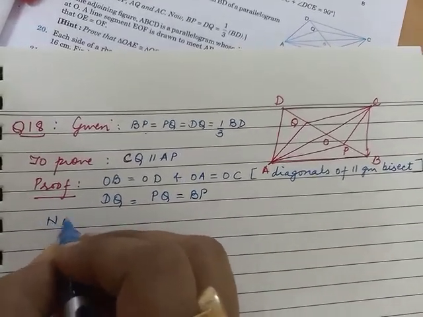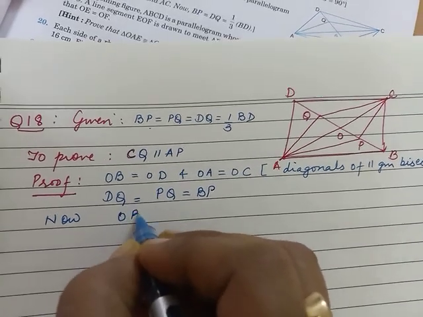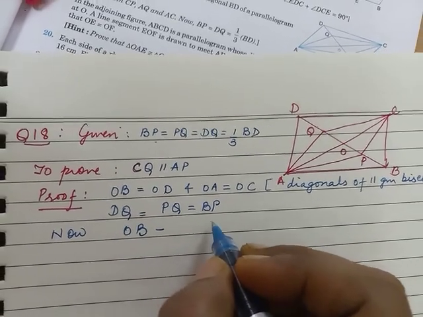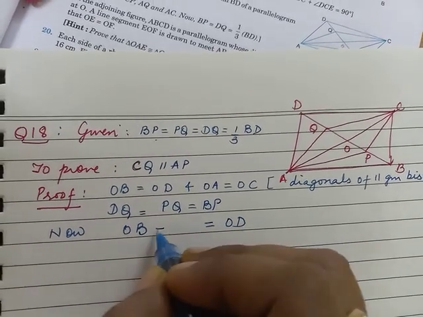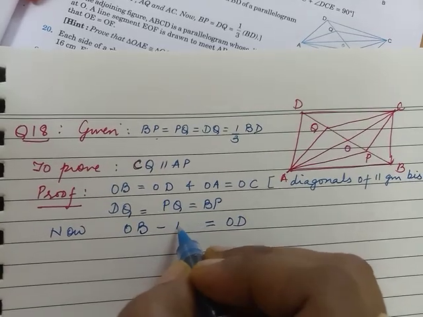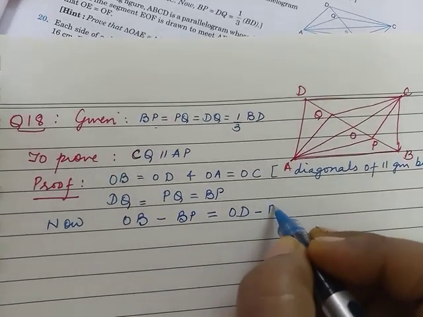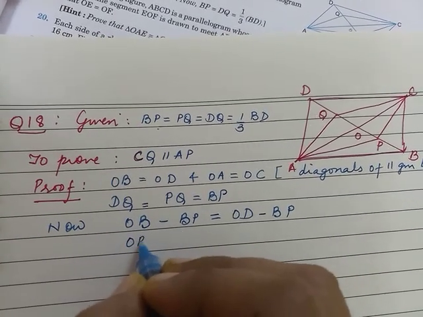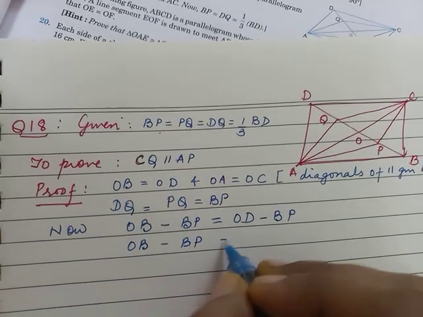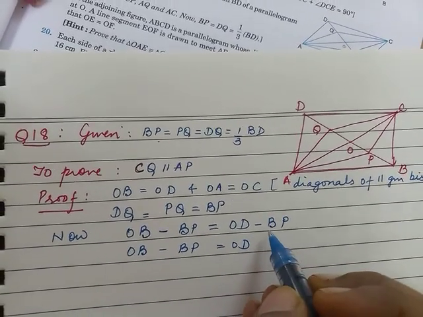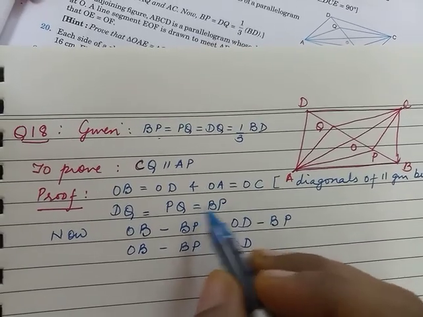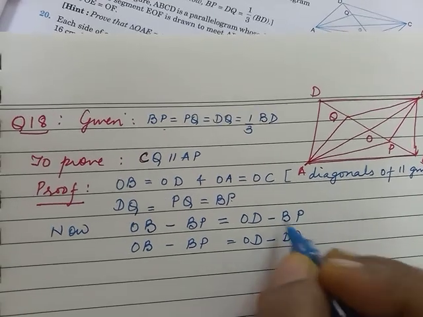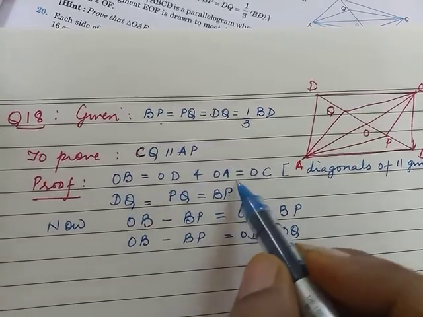So now from OB, I subtract. OB is equal to OD, it's given. From both the sides I am going to subtract BP. OB minus BP, and in place of BP we can write DQ, as it's given above.